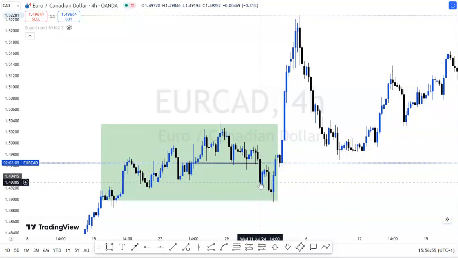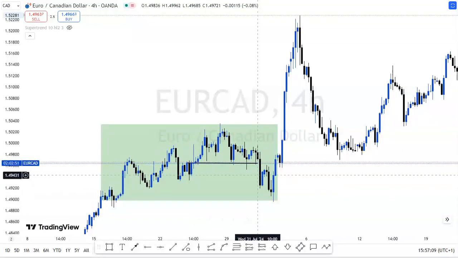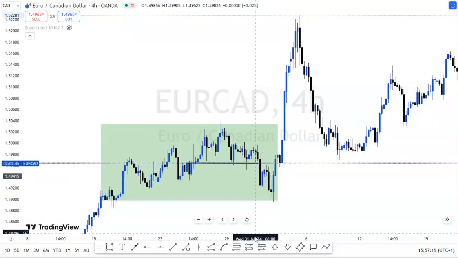It's a long candle, and such candles usually create a gap, break structure, and usher in the momentum. So it created a gap. Now we are going to mark out the gap it created.